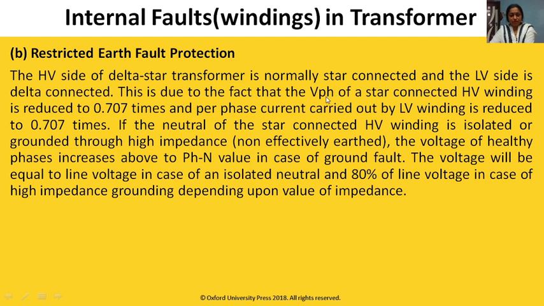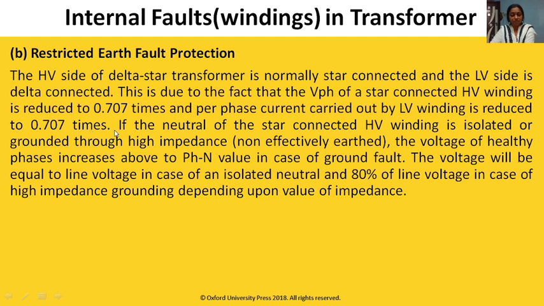This is due to the fact that voltage per phase of star connected HV winding is reduced. It is VPH equal to VL by root 3, so it is 0.707 times, and per phase current carried by low voltage winding is reduced to again 0.707 times.